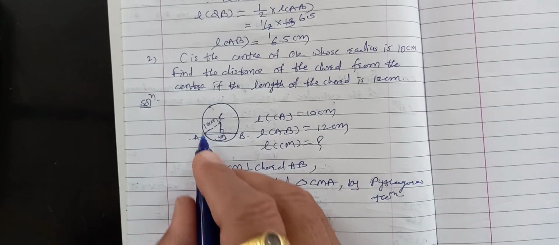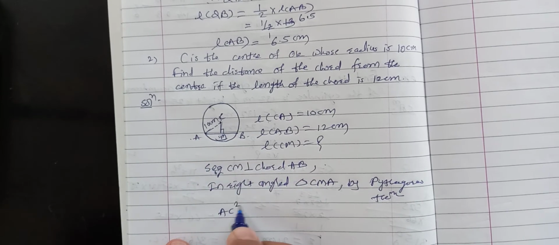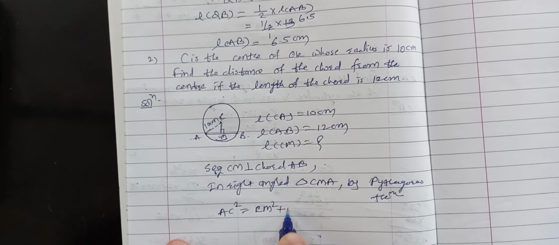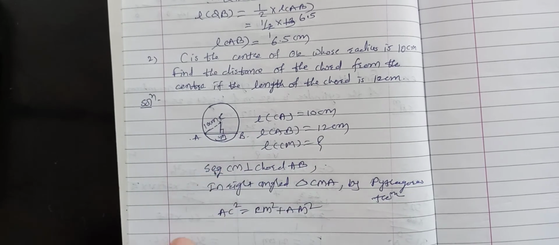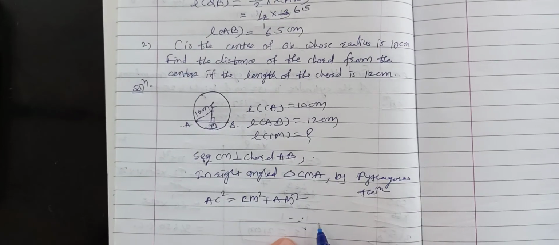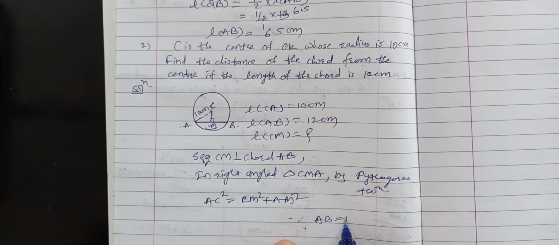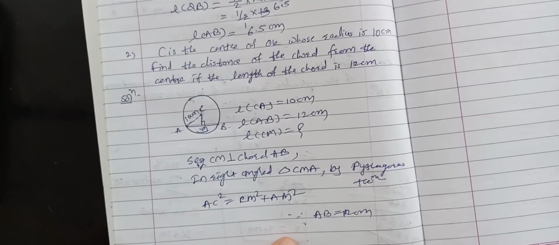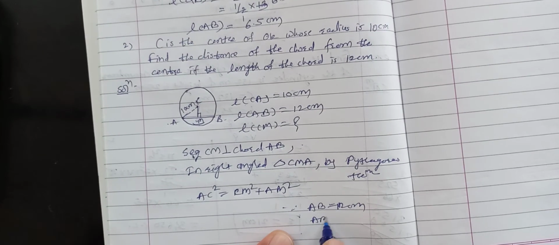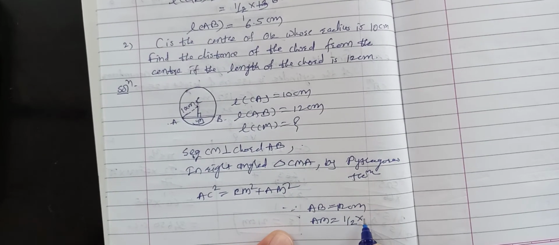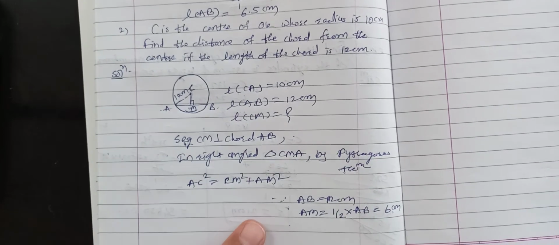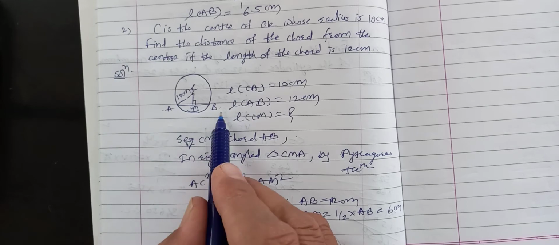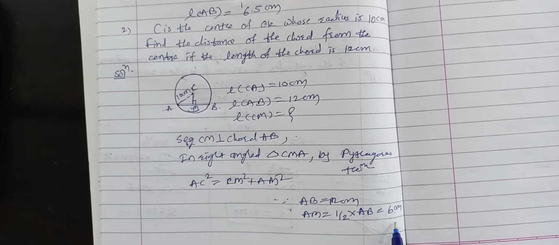First we will write this one. Pythagoras theorem. AC square is equal to CM square plus AM square. But here AM first we have to find. Okay. Here AB is 12 centimeter. So here AM is equal to 1 half AB. So it is half of 12 is what? 6 centimeter. Because we know this is midpoint. If this is 12, then half of this 6 centimeter.